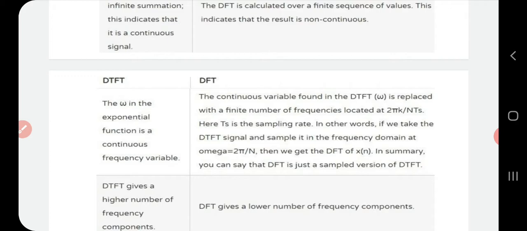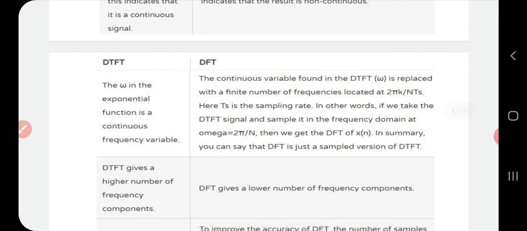Ts is the sampling rate. In other words, if we have a signal, we take its DTFT and then sample it in the frequency domain at omega equal to 2 pi k by N, and what we get will be the DFT of x of n. This means that if you have a signal x of n, first we take the DTFT of that signal and then we sample it, not in the time domain but in the frequency domain, at frequency omega equal to 2 pi k by N. What we get after sampling that DTFT will be the DFT of that particular signal.